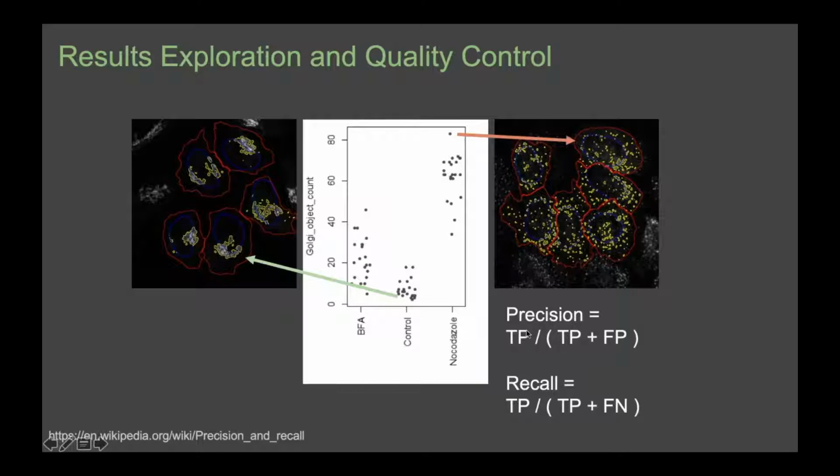In precision, you take the true positives, so the number of things that have been correctly identified by the computer, and divide by the number of true positives plus false positives. The recall is a similar number, so I will not go into detail. I just put a link here on Wikipedia where you can read about this, but I think it is becoming more required that you characterize your automated analysis in such a way.